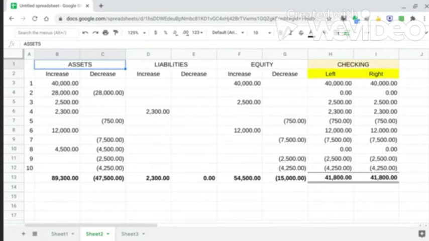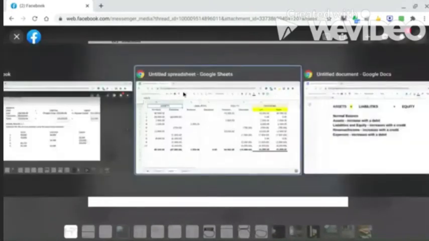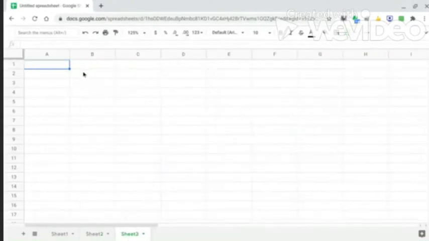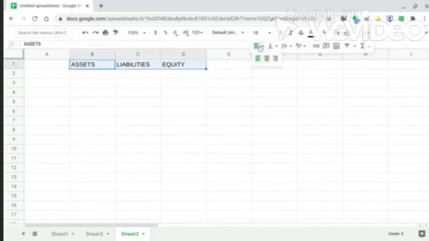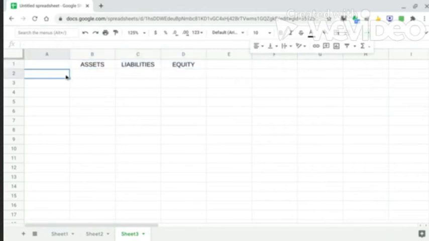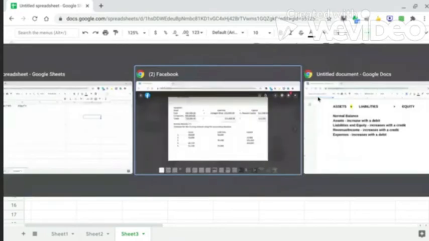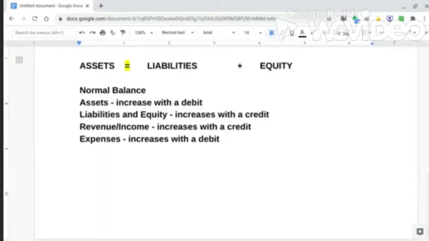Let's put assets, liabilities, and equity as our headers, and the numbers here on the left side. So following the equation that we have discussed before, wherein assets is equal to liabilities plus equity.